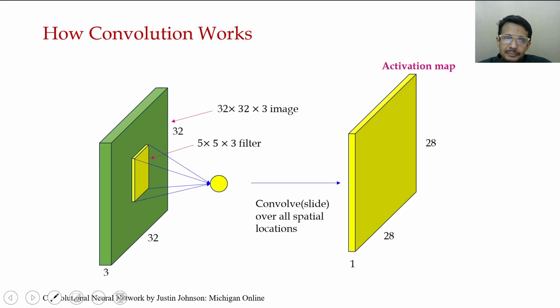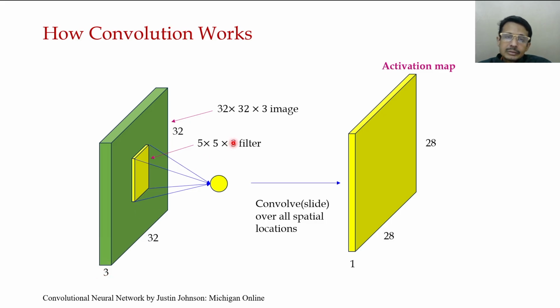Now we'll come to the convolutional layer, that means the input. Input is 32 cross 32 into 3, the same as before: 32 cross 32 with 3 channels, red, green and blue. And our filter dimension, as we mentioned before, is 5 cross 5 into 3, because these 3 should be equal to this.